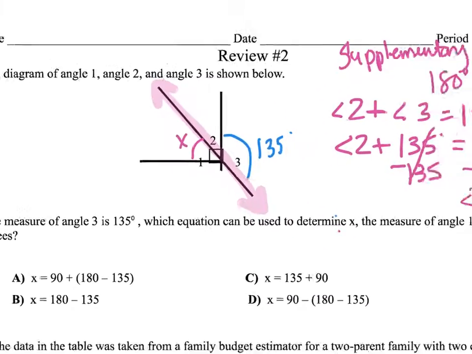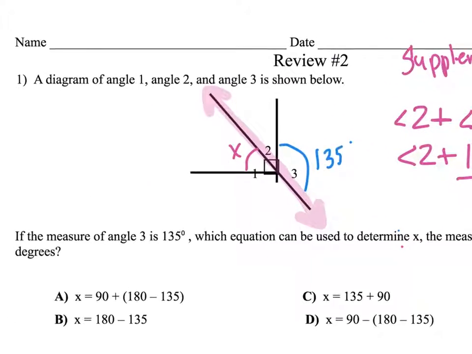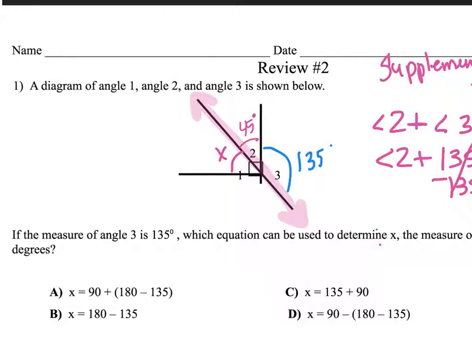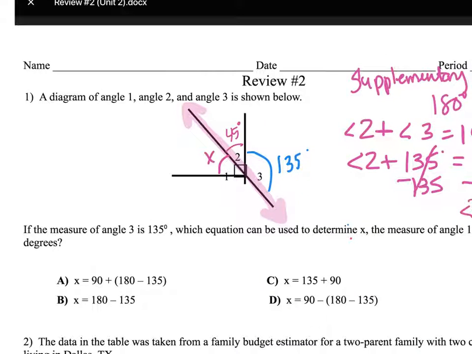Now I can come back up to my diagram and, for angle 2, plug in 45 degrees. Now we want to look at angle 1 and angle 2, which is what kind of angle?